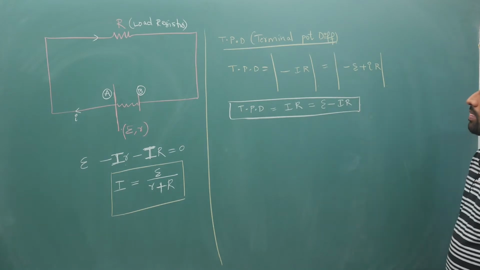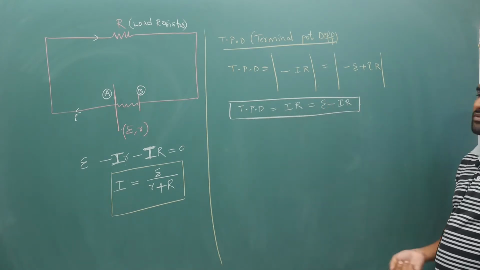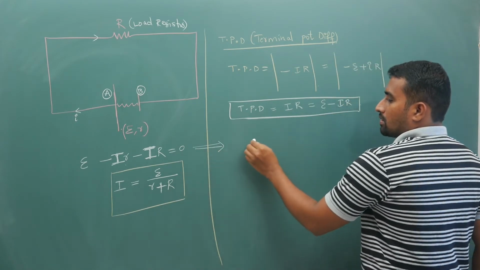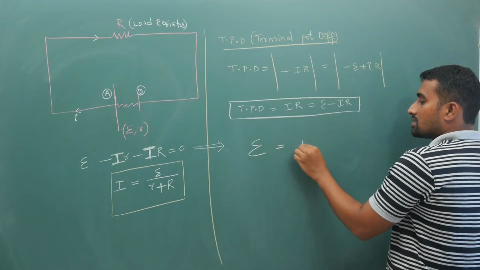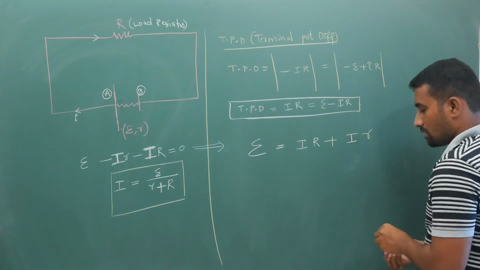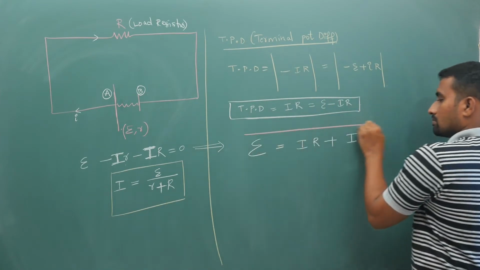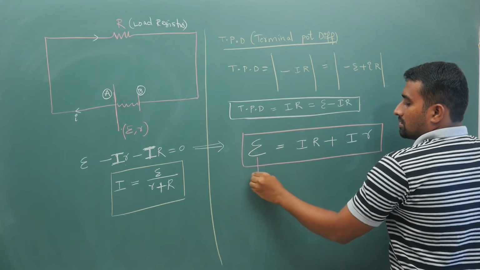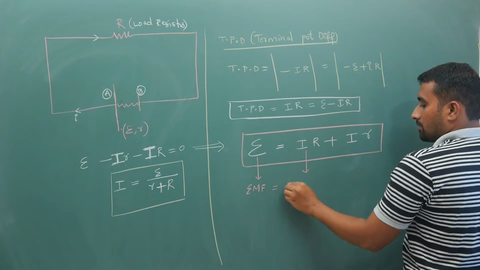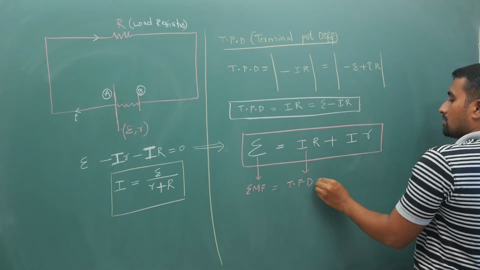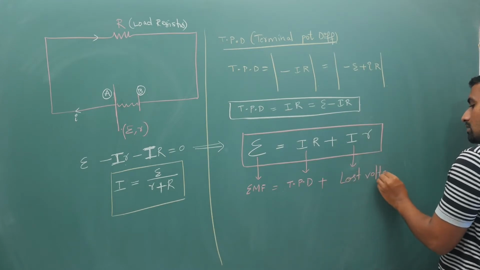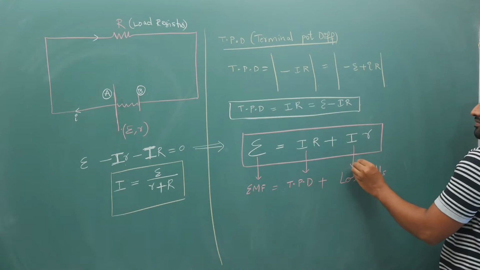Now, the terminal potential difference, I have got it. Now let us look at this equation. From here, EMF is I times capital R plus I times small r. This is your EMF, this is your terminal potential difference, and this is also called the lost volts of the battery, which is because of the battery.